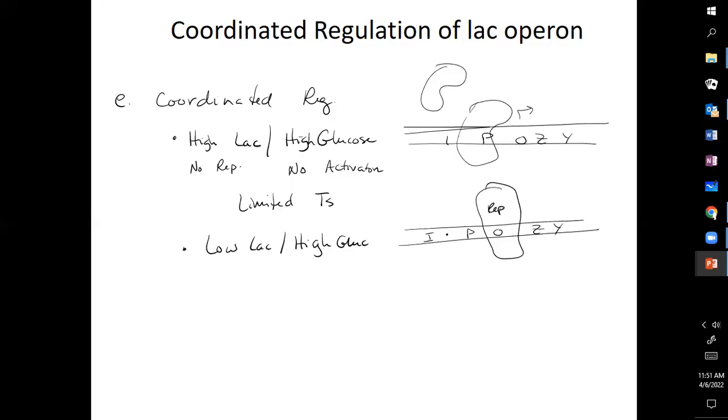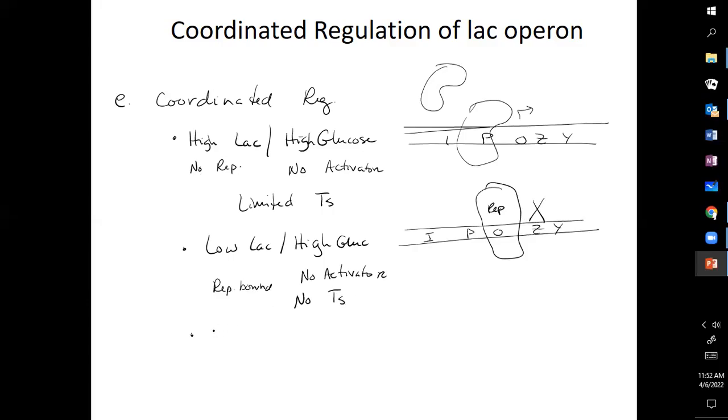The repressor is bound and it's blocking polymerase. You can bring in all the polymerase you want. You wouldn't though, because there is no activator. And the repressor is bound. In this case, you get no transcription.